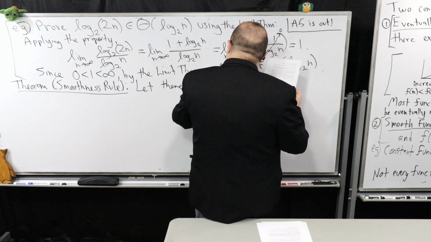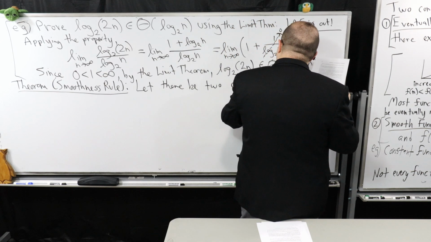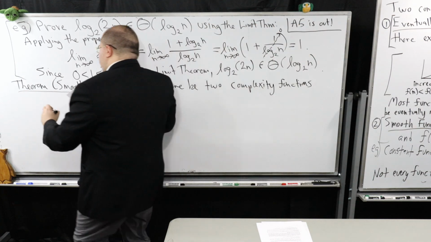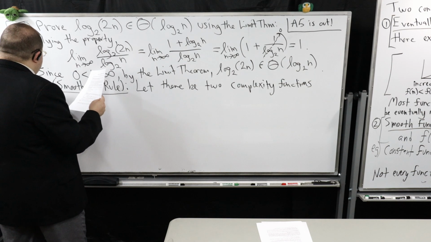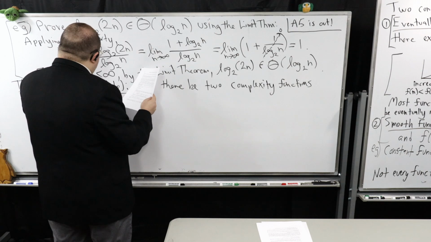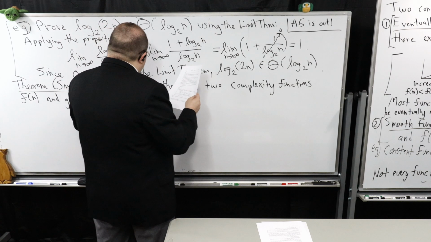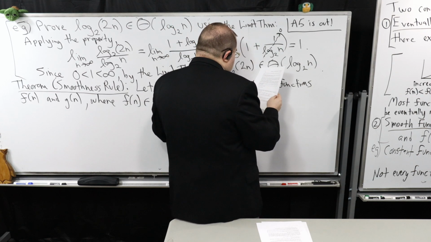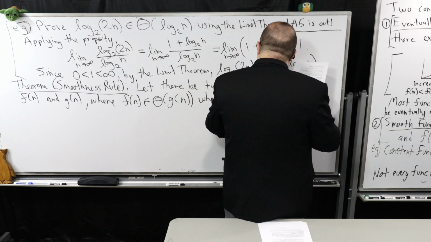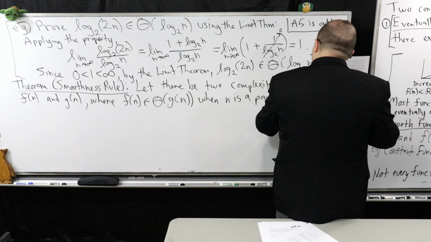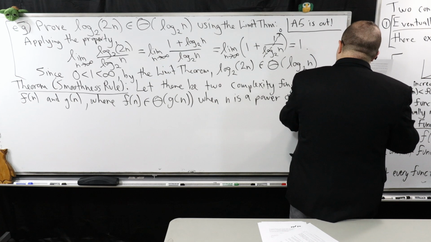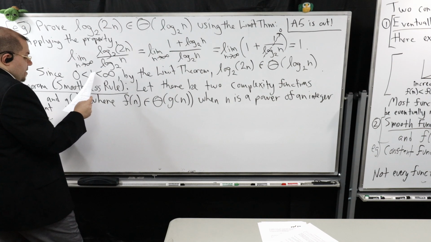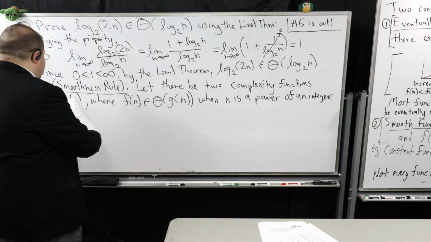there be two complexity functions, f and g, where f is big theta of g when n is a power of an integer constant b greater than or equal to 2.